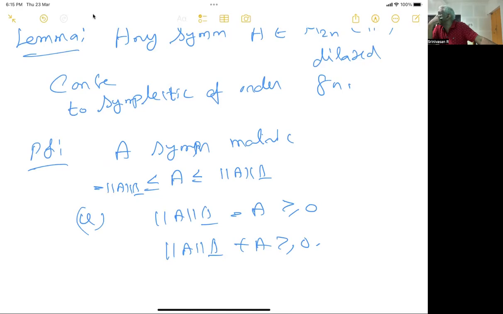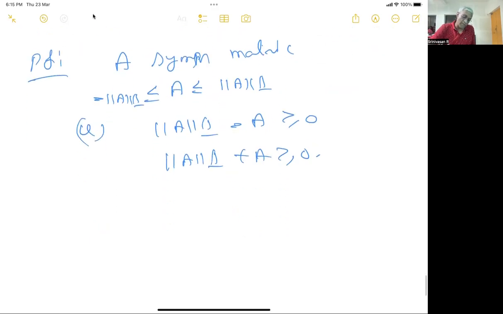I have seen it as A star A less than or equal to norm A squared, but because it is symmetric, this would be good. By Cauchy-Schwarz, the inner product of A xi and xi is less than or equal to norm A xi times norm xi, and norm A xi is less than or equal to norm A times norm xi. So because of that, it follows.